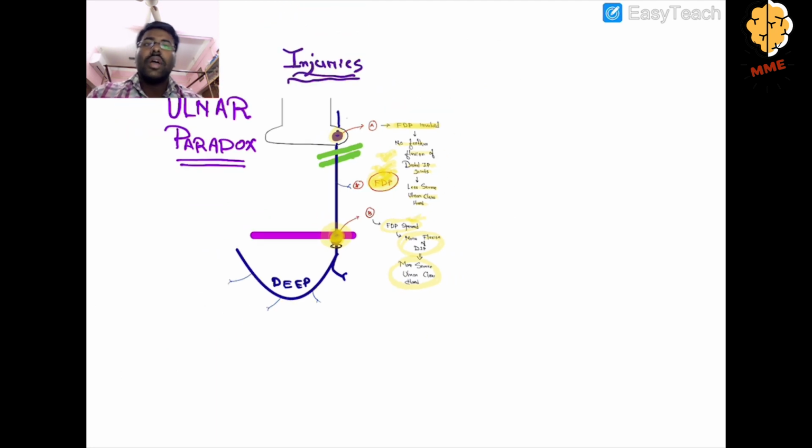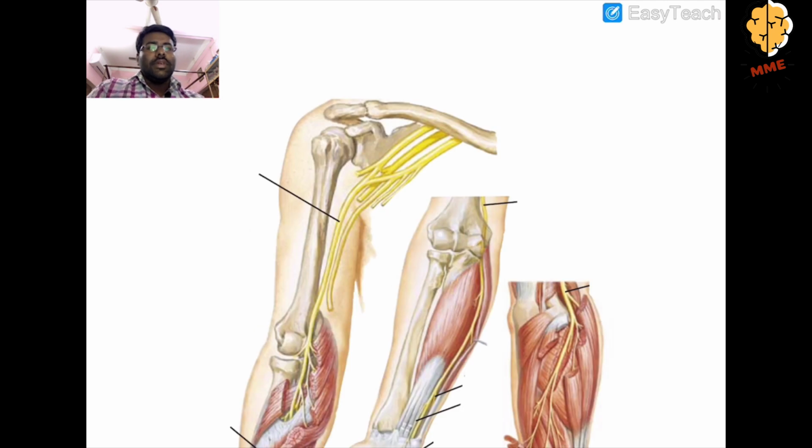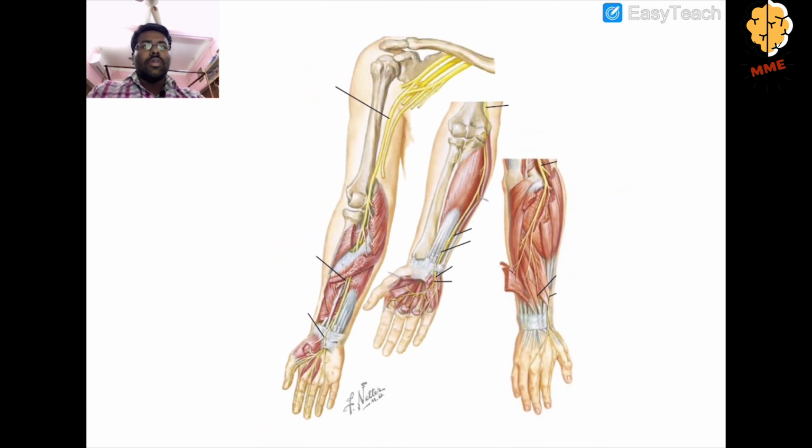So this is about the ulnar paradox. Okay, now coming to the last part, the image part, where I want to ask which nerve is shown.